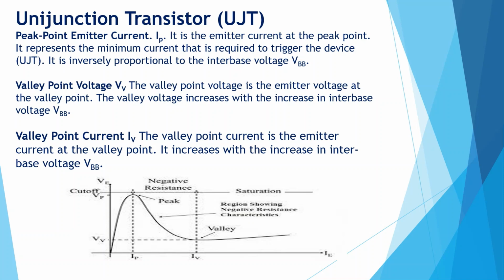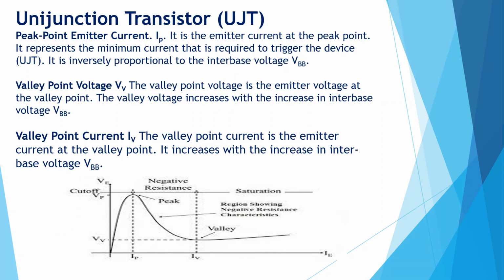The figure shows the static emitter characteristic, a curve drawn between emitter voltage VE and emitter current IE of a UJT at a given inter-base voltage VBB.